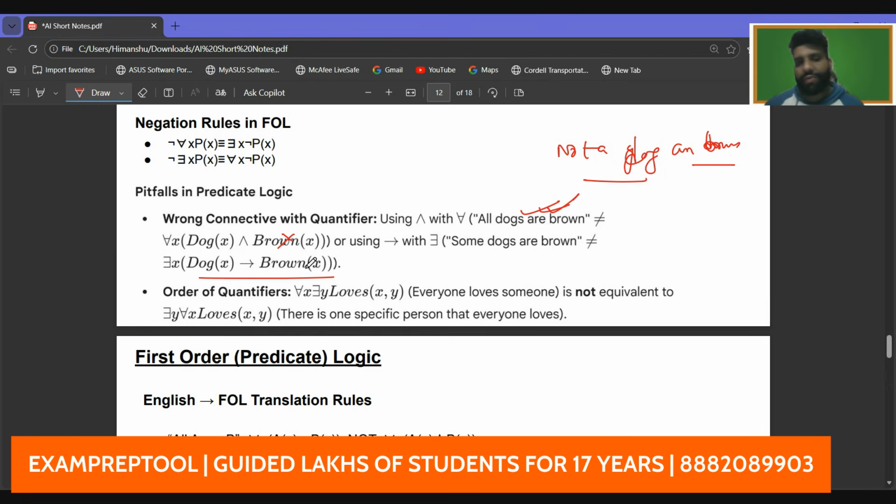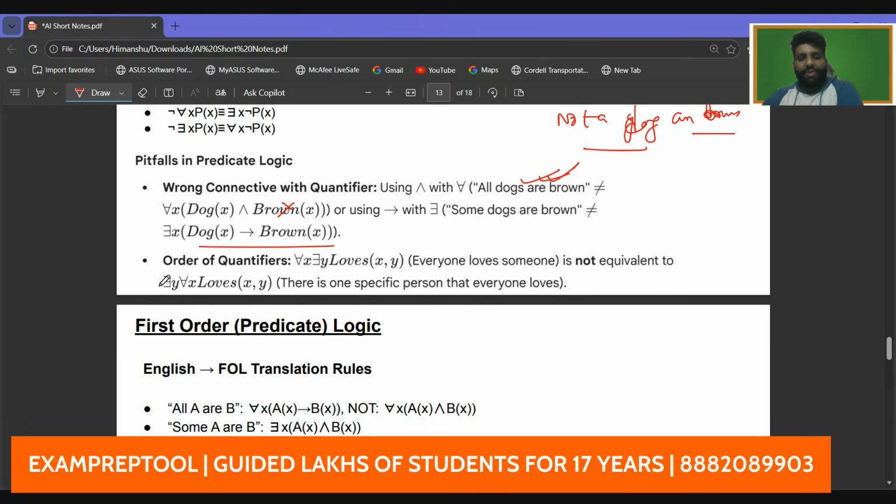Now order of quantifier is very much important. So for all X there exists Y, loves XY means that everyone loves someone. Okay, very important. But if you change the quantifier, there exists Y for all X, and then write loves XY, what does it mean actually? So we have changed the quantifier.